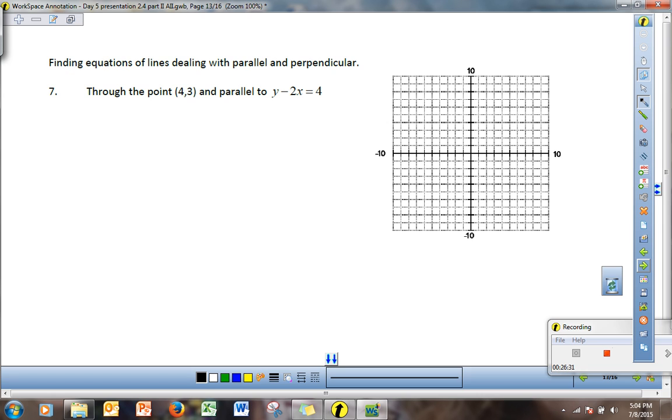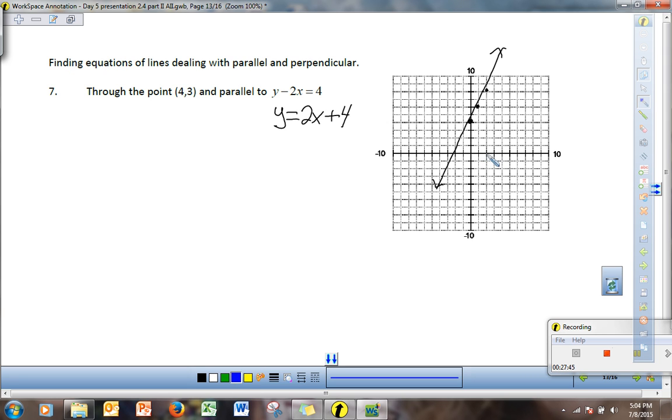So here's what we're looking for. If I look at this line, and on your homework you won't have to graph these, I'm just doing this to show you, but let me graph this real fast for you. I got y equal, I'm going to move that negative 2x over, so I got 2x plus 4. Let me put a dot on 4. Let me come up 2 and over 1. So here goes that line. Let me just show you a picture here in blue.